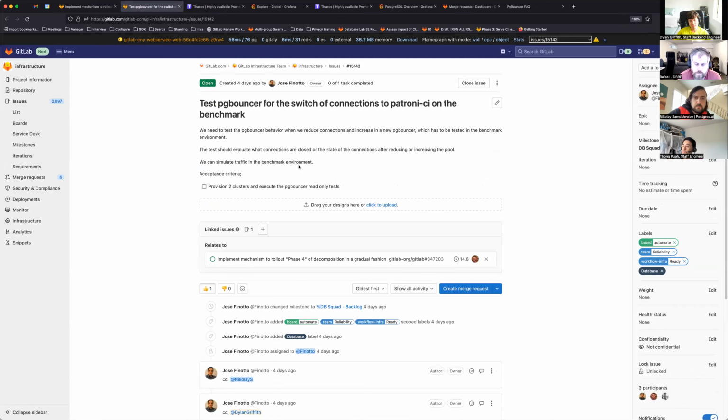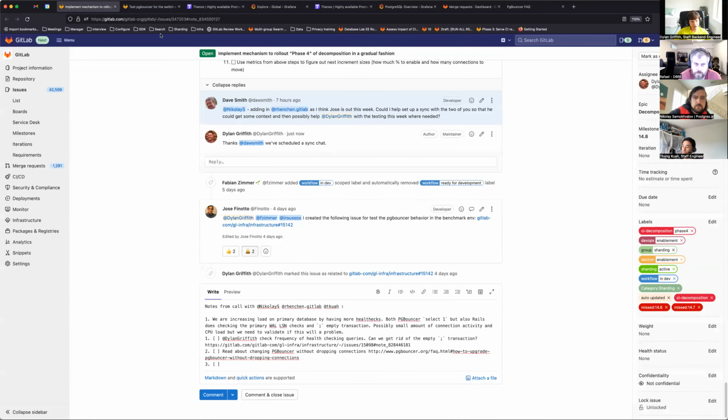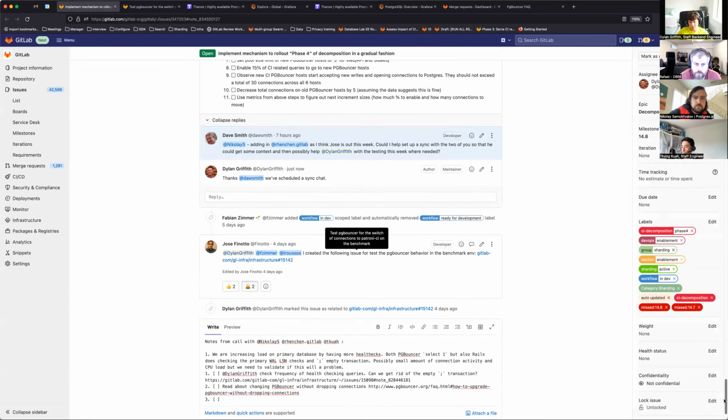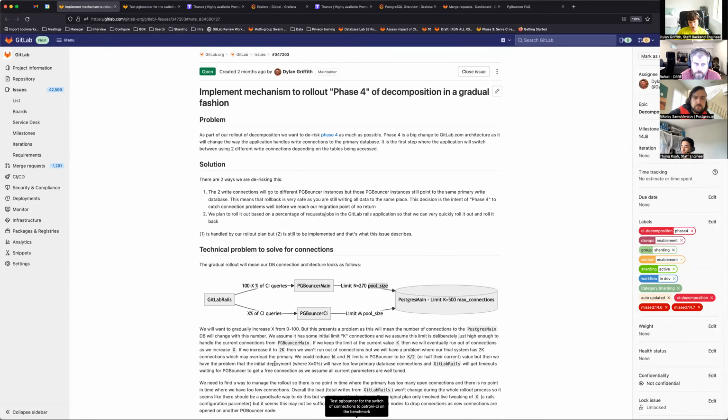This is experimenting purely from the PGBouncer perspective, but things are a little more complicated when we want to experiment with the whole thing end to end, which we can do in the staging environment. Under some load, we can do a lot of this testing. The interesting thing is that while on the Rails side we're tweaking the percentage of queries that go to the different PGBouncer hosts, we're not going to be changing the number of connections we have open to PGBouncer.